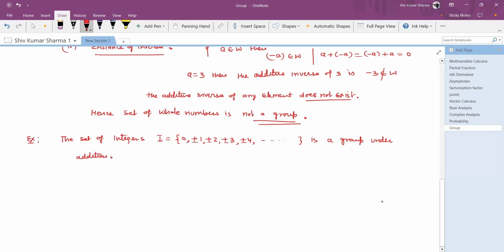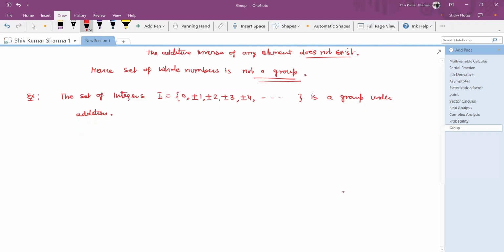You can remember which set is a group under addition. The set of integers will be a group under addition. We satisfy all four properties.